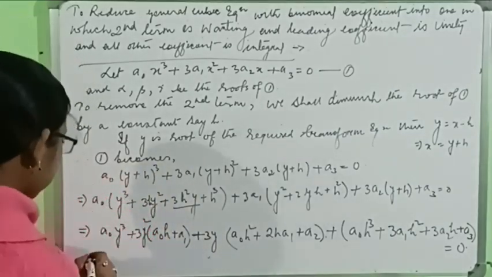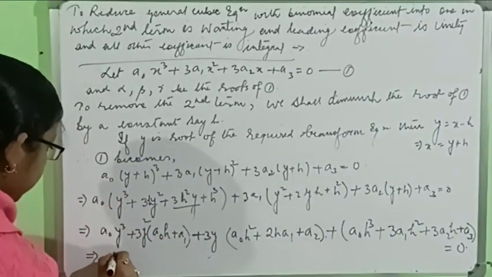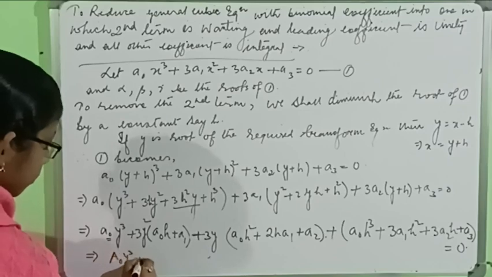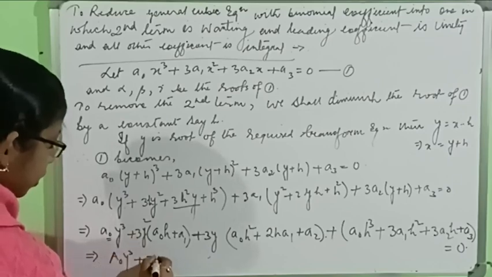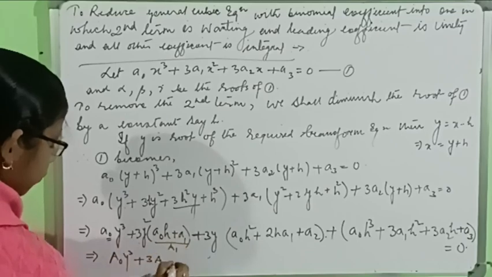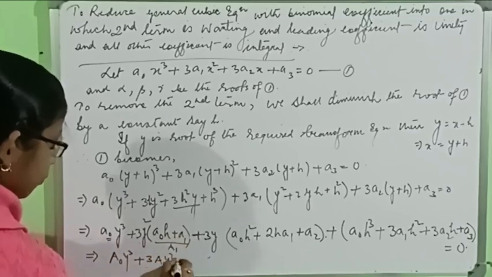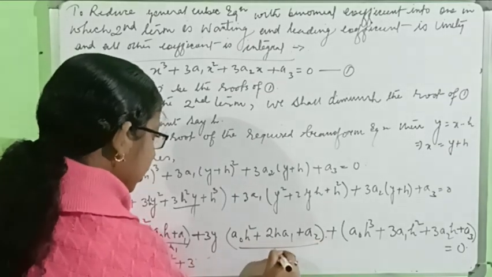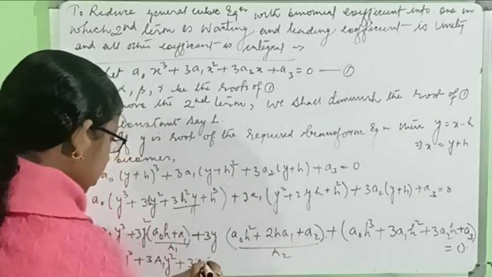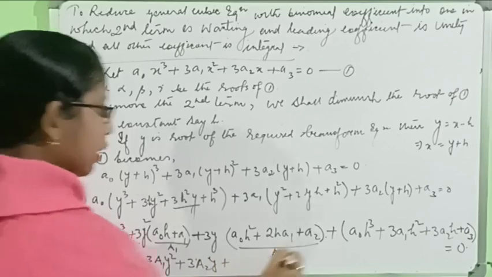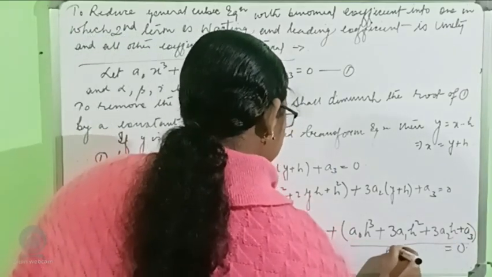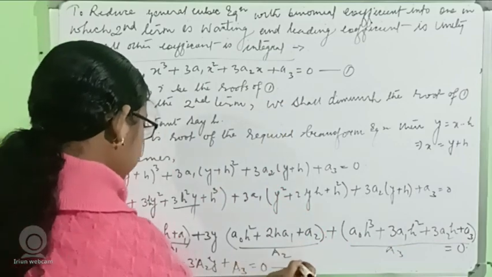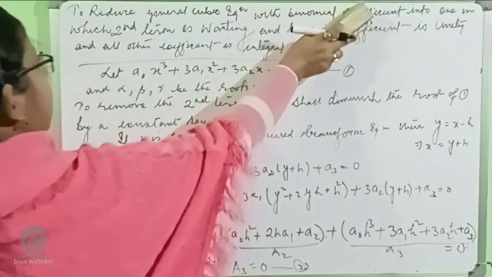Now we are going to take a naught in place of this, and in here 3 I will take this as a1, 3 I will take this whole as a2 y, and this as a3. Put this as equation 2.